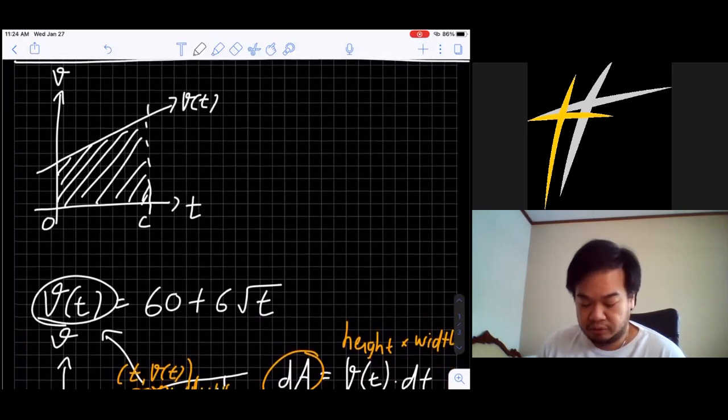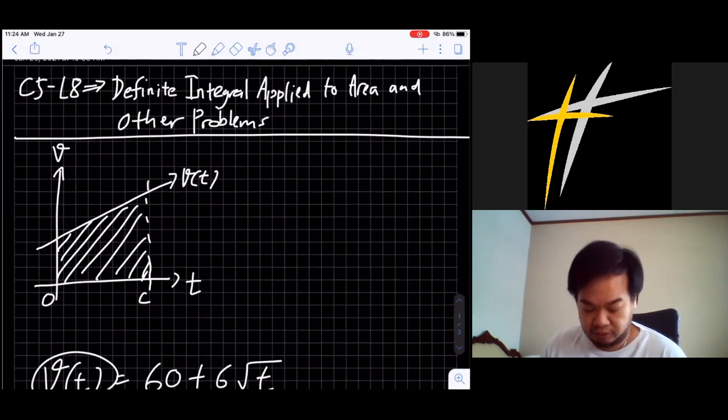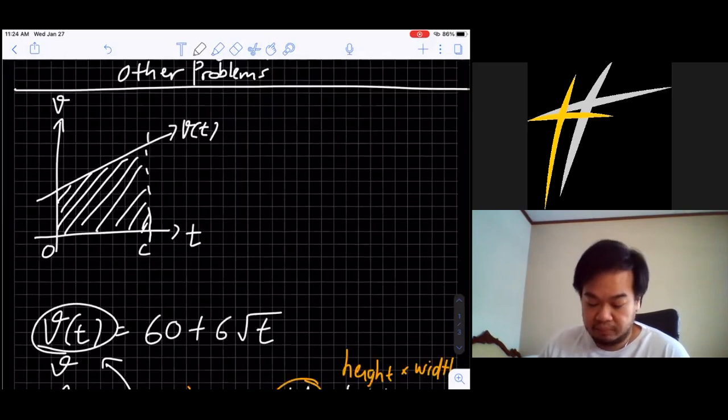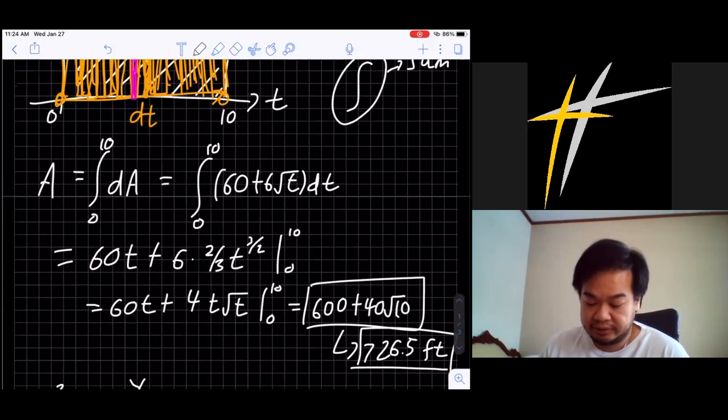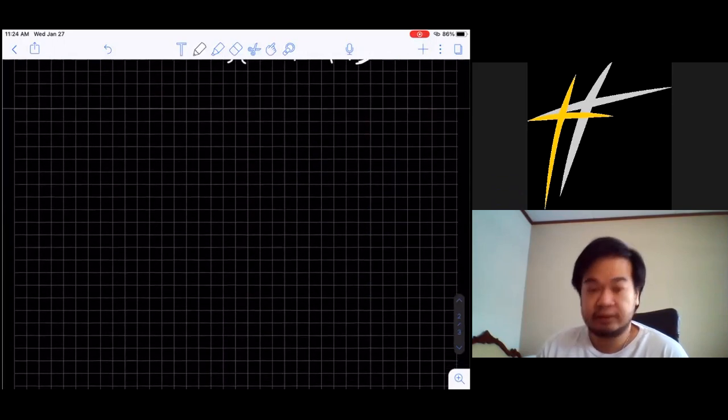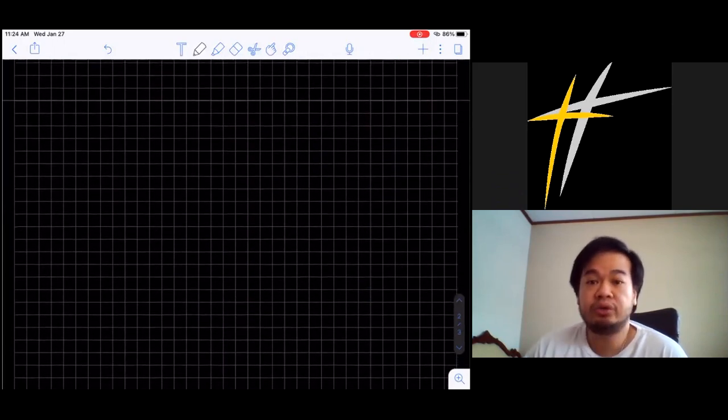When you want to find the distance, you need to find the area below the graph of v(t) from 0 until c. Now for today, I'm gonna put aside the physics application, and I want to focus on the mathematical application, which is finding the area below the graph.